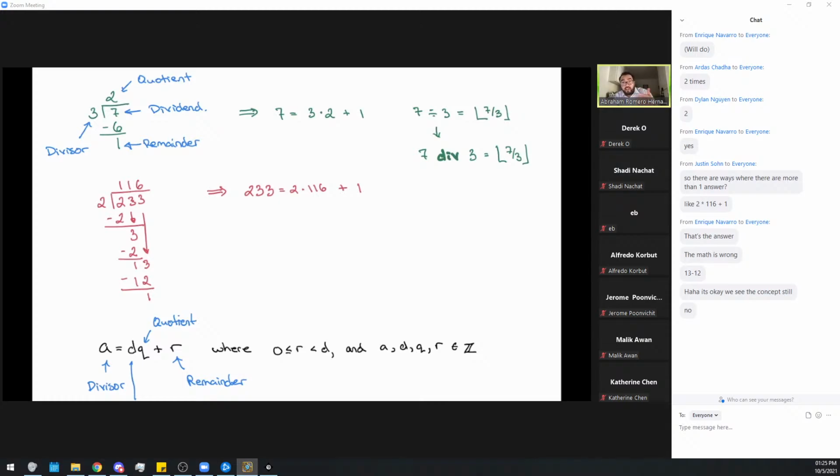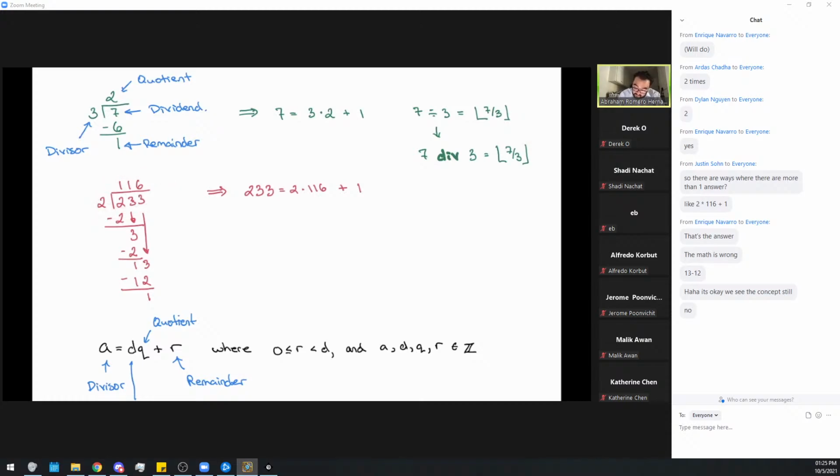Or in a way of looking at it, you drop all the decimals. You want the number that's less than or equal to that number, 2.333. And the number that's less than or equal to it is literally 2. So if we're just interested in the quotient, then what we're really doing is just a floor function. Same idea here.